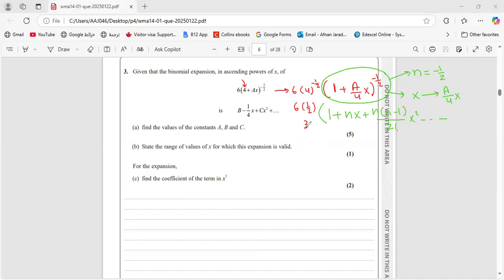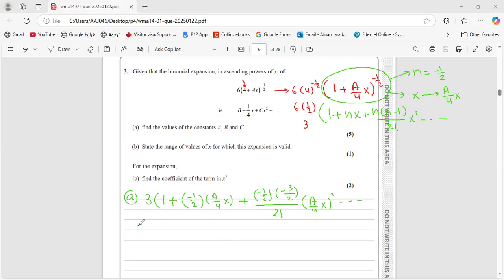Okay, 1, so it will be 3. Look here. 3 multiplied by 1 plus n multiplied by x, where n is negative half, multiplied by a over 4x, plus n, n minus 1, so it's negative half multiplied by negative 3 over 2, over 2 factorial, multiplied by a over 4x to the power of 2.